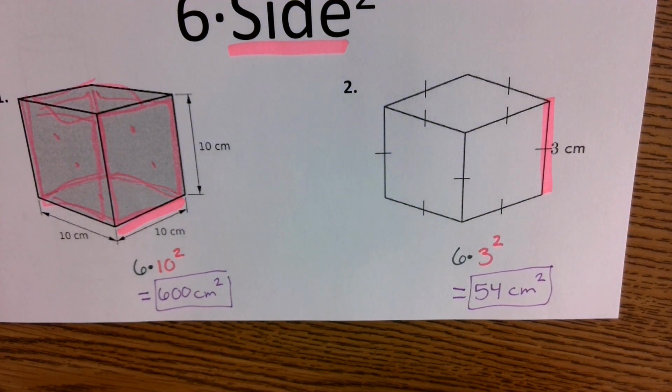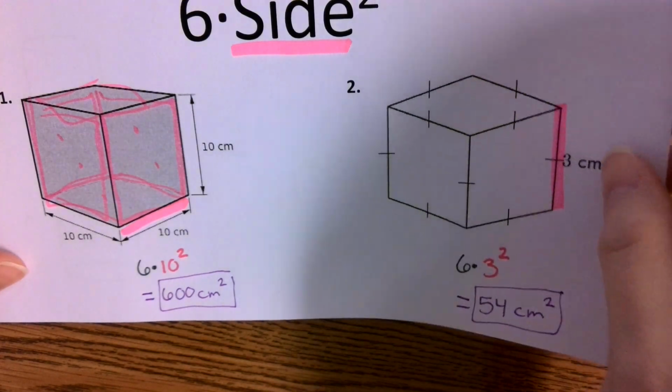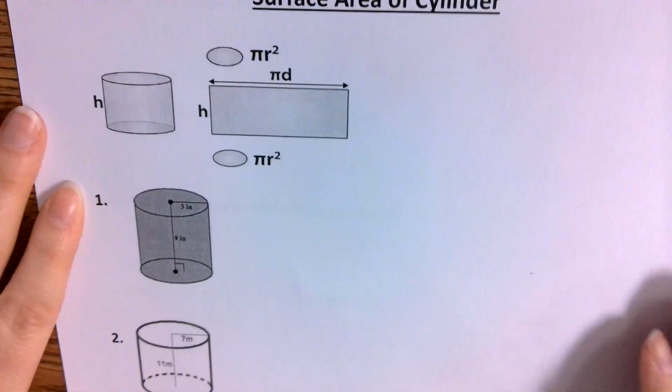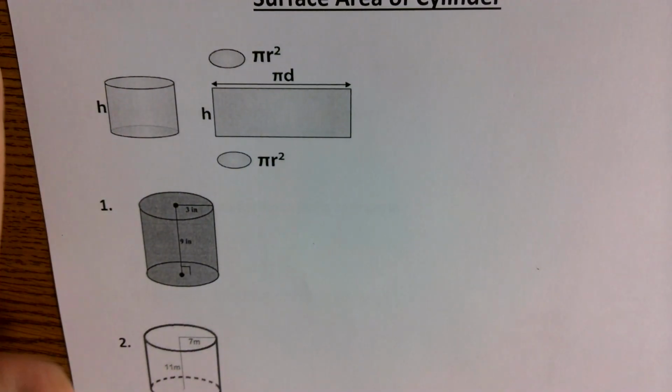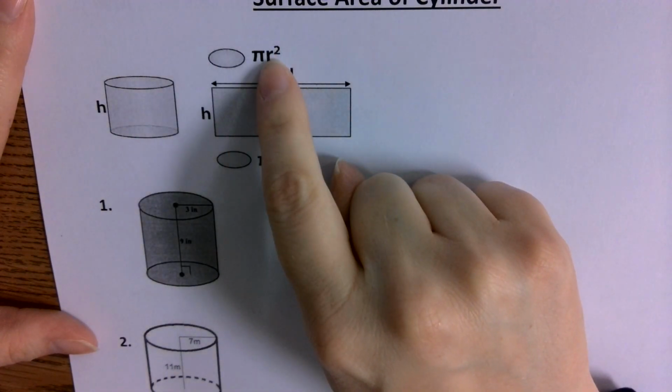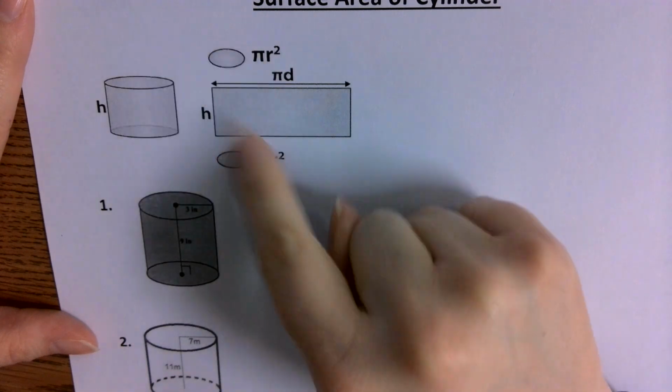Any questions for that? All right, let's go on to the newest one that you guys have to learn about, which is for cylinders. And again, cylinders, same idea, same concept. Surface area of a cylinder, you have two circular bases. So you're finding the area of your two circle bases.